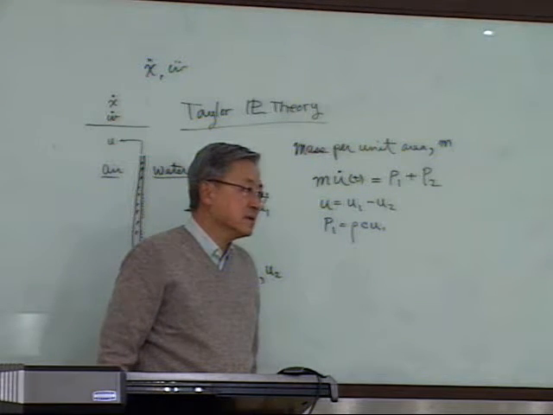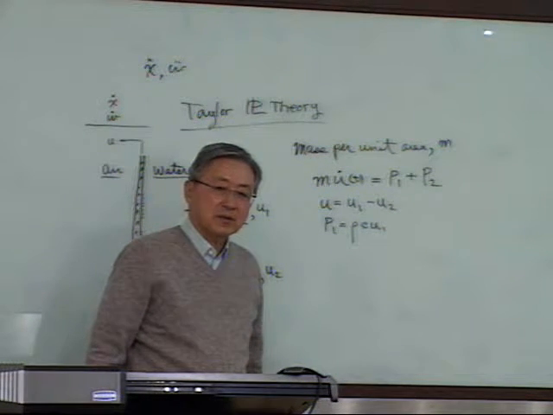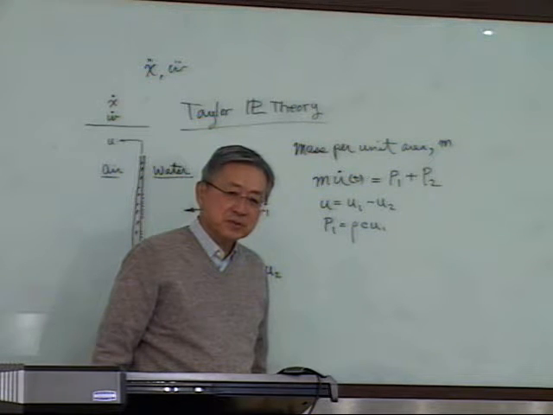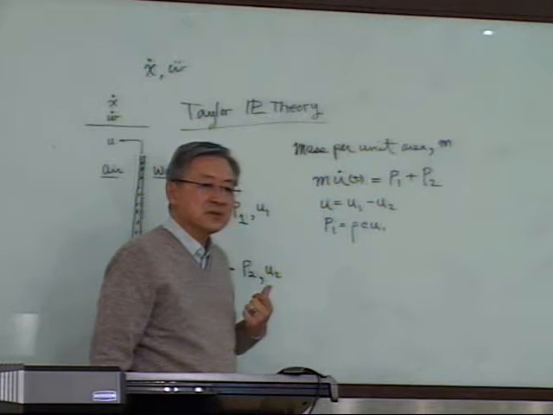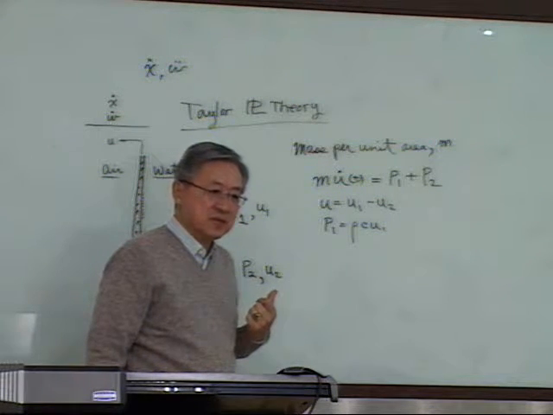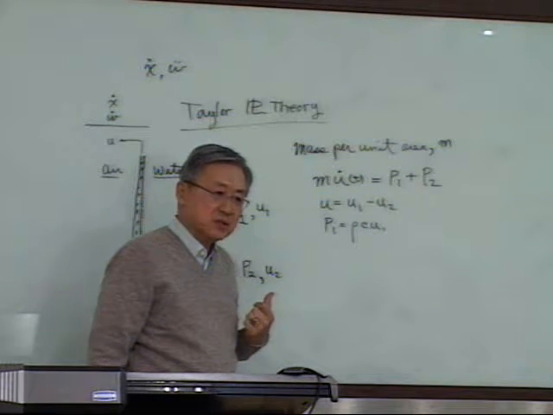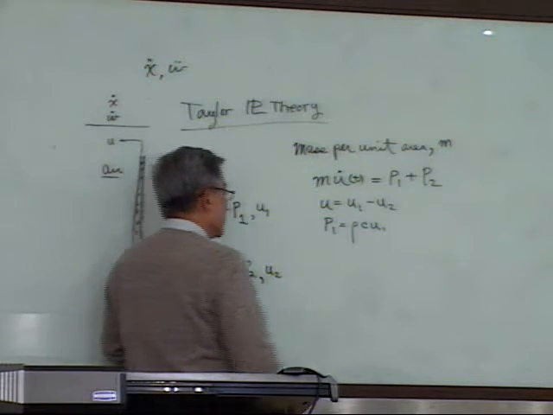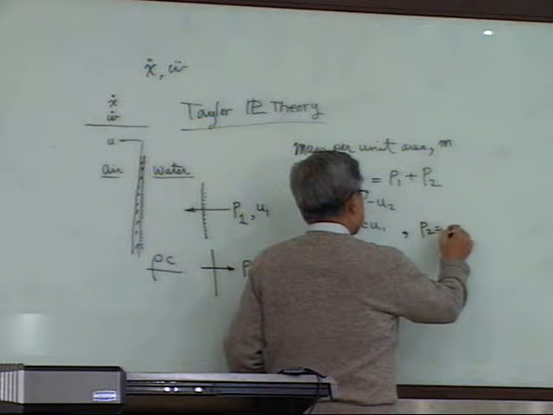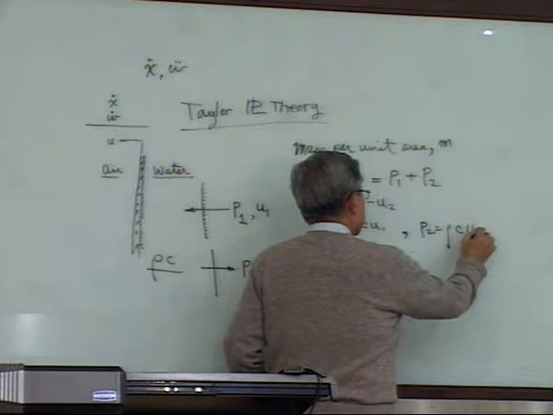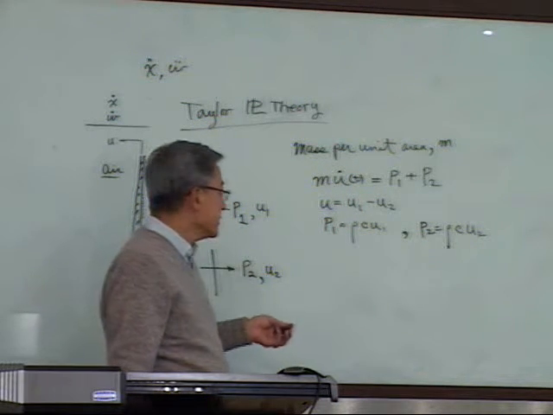Rho C is called impedance, or some people call it characteristic impedance. So can you compute the value? Yes. You know the C. C is the velocity in the water, and rho is the mass density of the water. We know that. And another, P2 is equal to rho C U2. This is all you need.